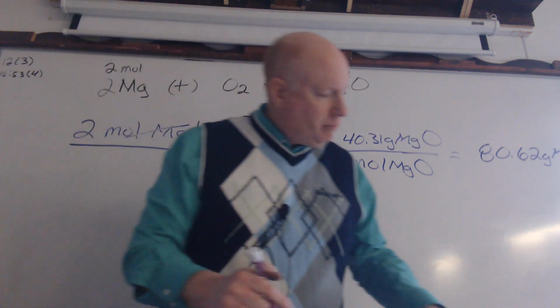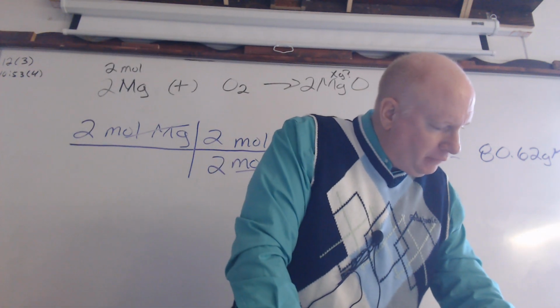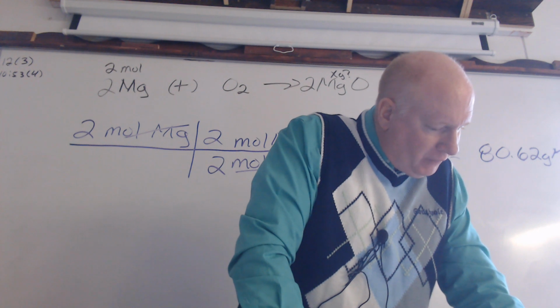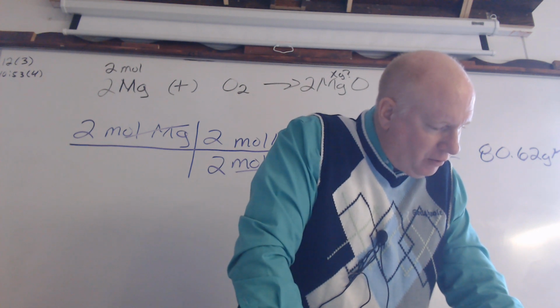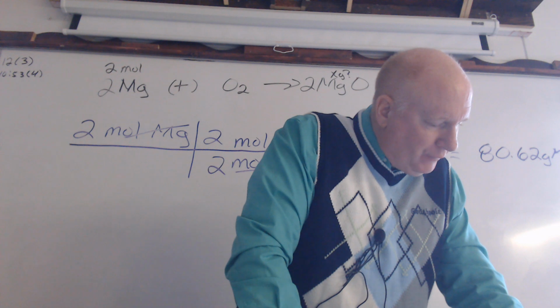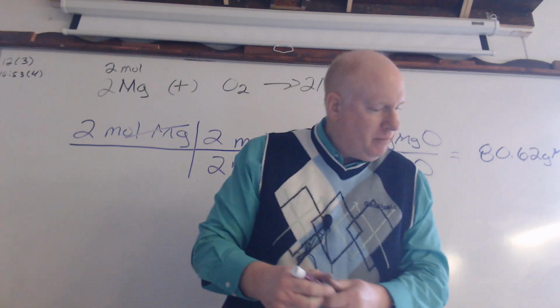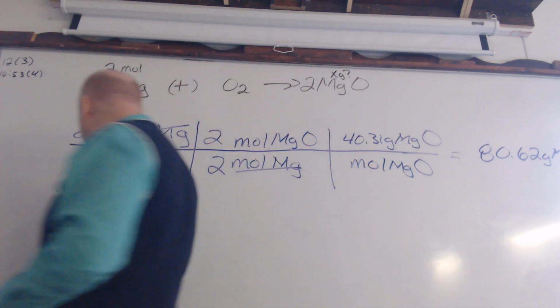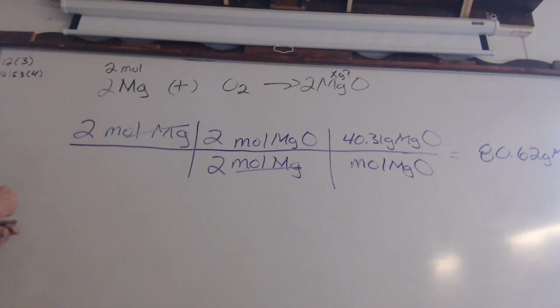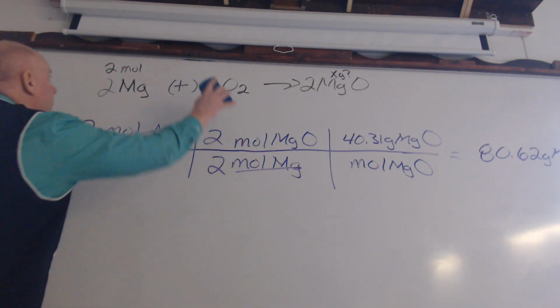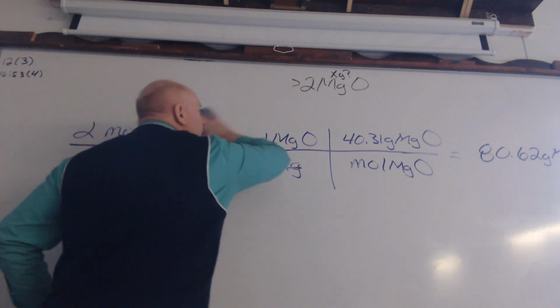So the second problem: what mass of glucose can be produced from a photosynthesis reaction that occurs using 10 moles of carbon dioxide? Okay, I'm just going to go ahead and erase this top reaction because we don't need that anymore.